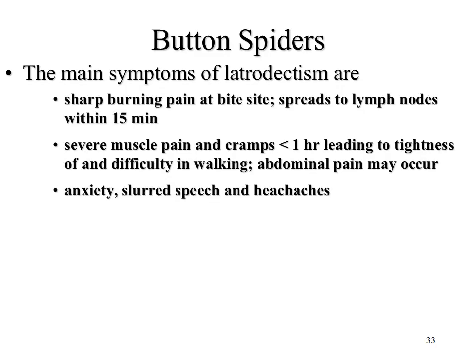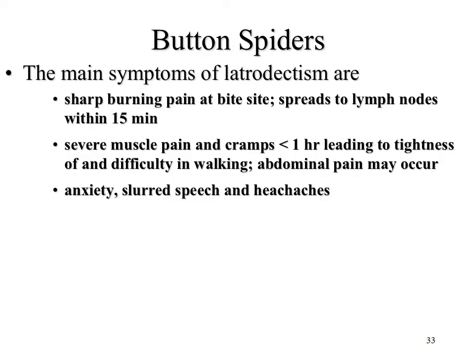And then just going a bit more into what to expect if someone actually suffers from what's called latrodectism, which is envenomation by the widow spiders. There's a sharp burning pain at the bite site, and it spreads to the lymph nodes in the area within 15 minutes.